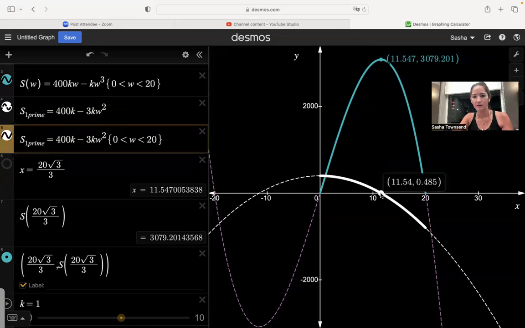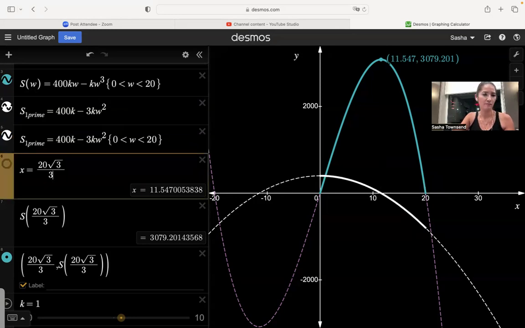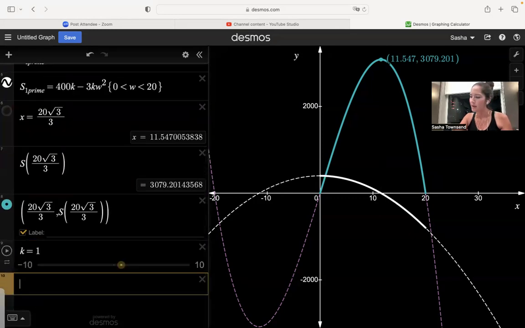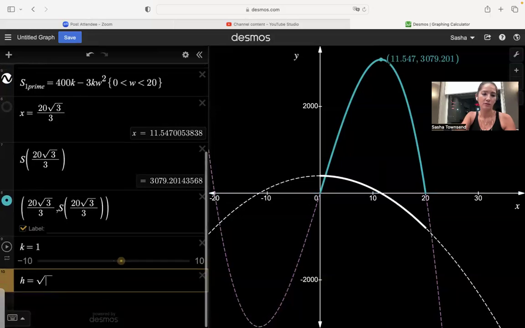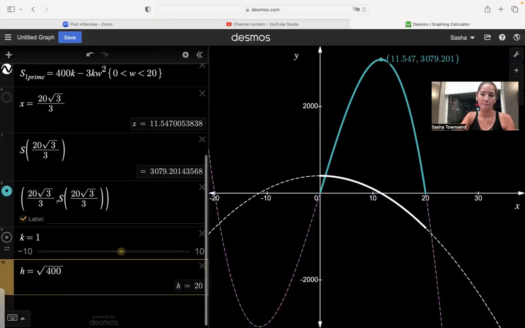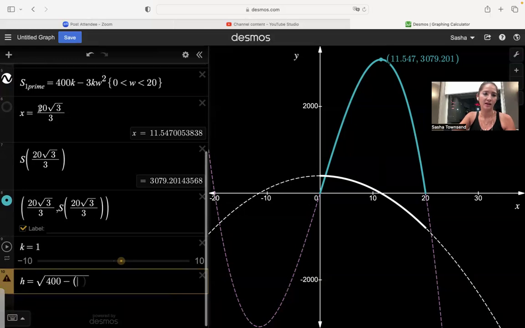And then, oops. The derivative is 0 at 11.547, so that hasn't changed. Now, our h value satisfied the equation h squared plus w squared equals 400. So h is the square root of 400 minus this x value.